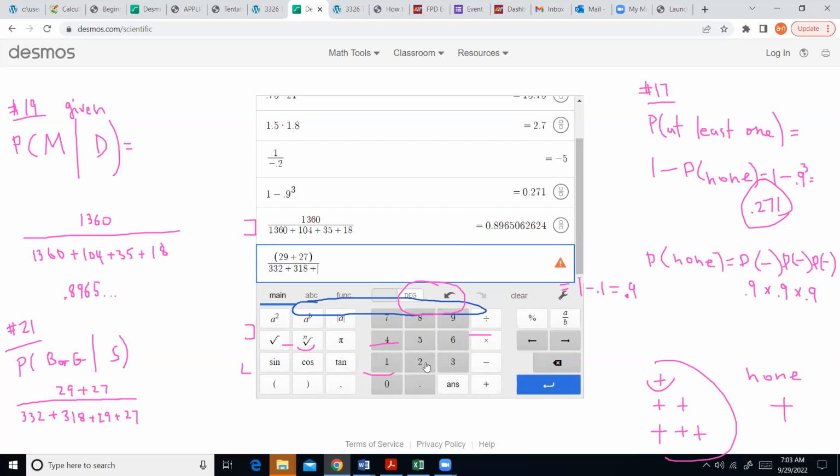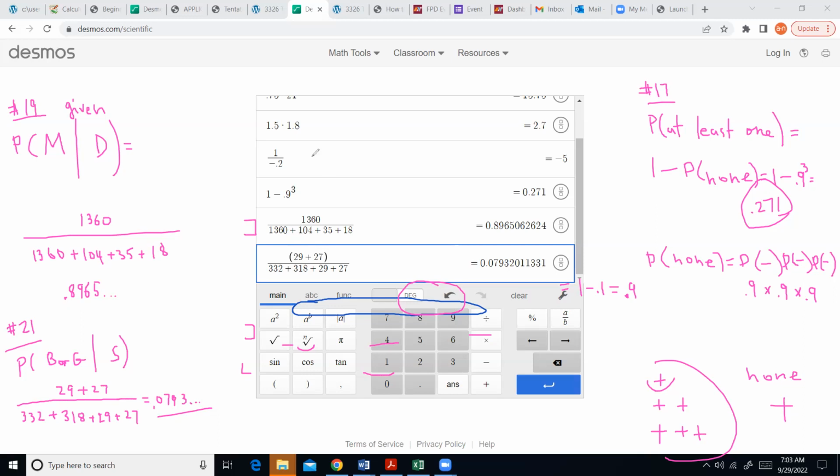Keep adding 29 and 27. But once you enter this in, that's it. You got the answer. So it's 0.793, etc. So here is the answer.